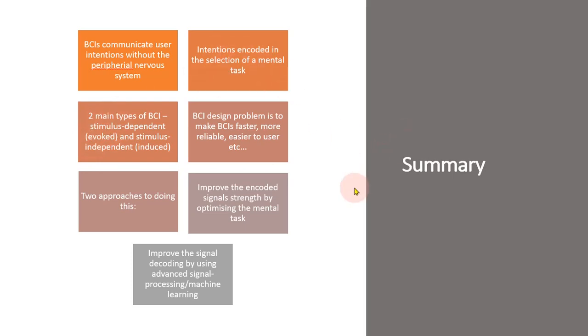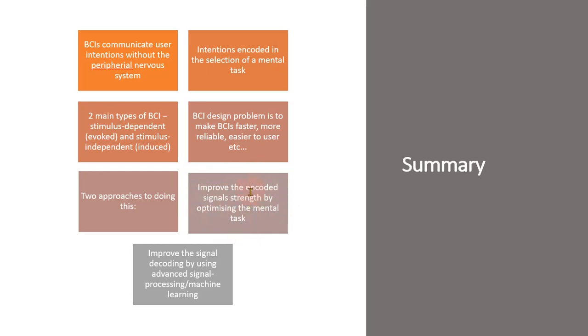Intention encoded in selection. So the BCI design problem is to make it faster, more reliable, easier, more accurate, user-friendly, and practical. We have two approaches to making these improvements. Improve the encoded signal strengths by optimizing the mental task. This is more about experimental BCI research.